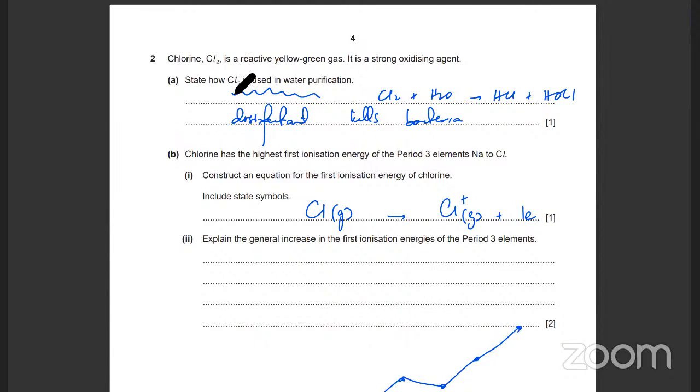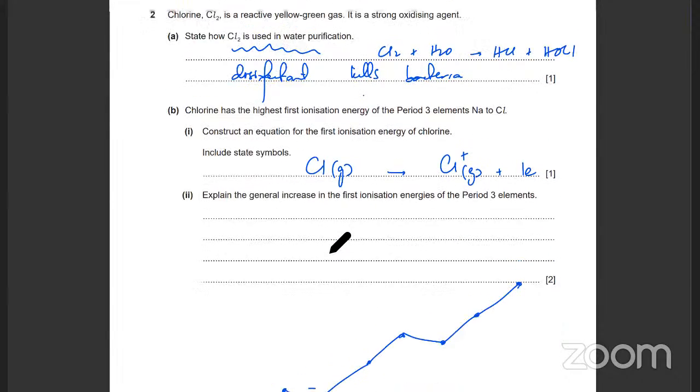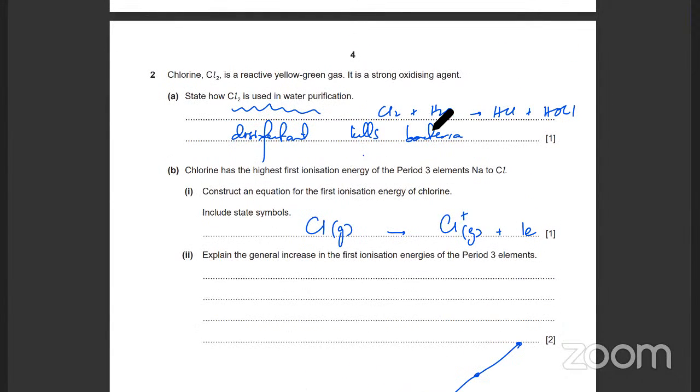What's more important about this question is that it's asking you to figure out what it does in water purification. There are lots of processes, so what does it exactly do? Got it. Okay. As long as the equation is correct, you can write it. It's just a 1-mark question, but just to be on the safe side, you should write the equation.